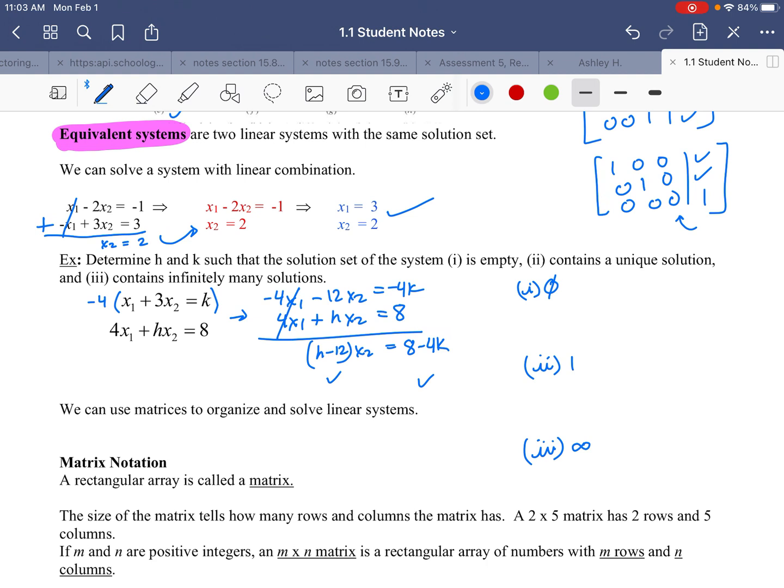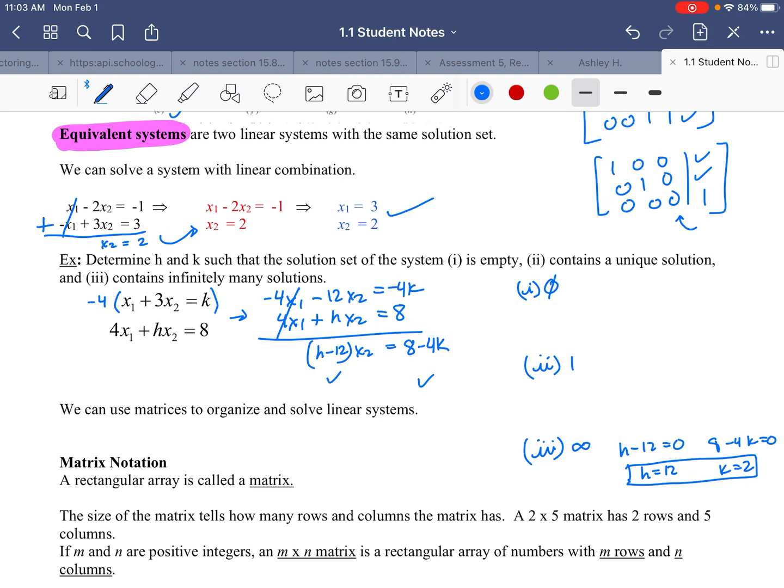Both of those would have to be 0 because they basically go away. So h minus 12 has to be 0 and 8 minus 4k has to be 0. So basically this tells us h would have to be 12 and k would have to be 2. If that happens, then we are going to have infinite solutions because that means that the second line is just a repeat of the first, that they all canceled themselves out, okay?